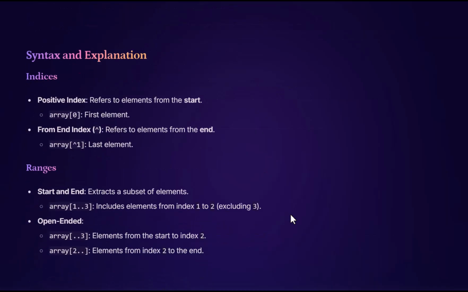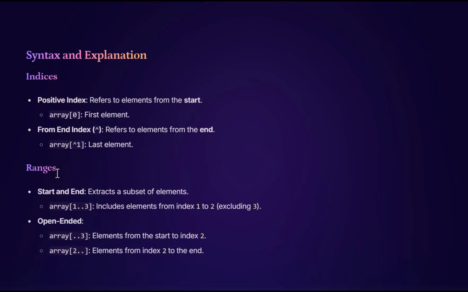So let's see the syntax and explanation of indices and ranges. As we know, if you write array[0], it means the first element. But with indices, we refer by this operator to the element from the end, so if I say array[^1], it means the last element.